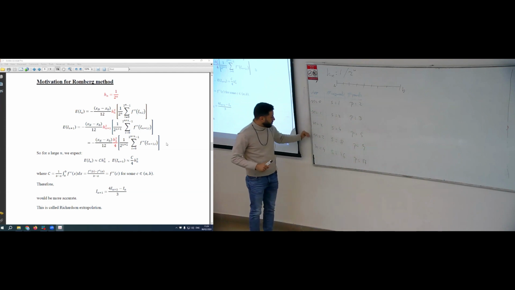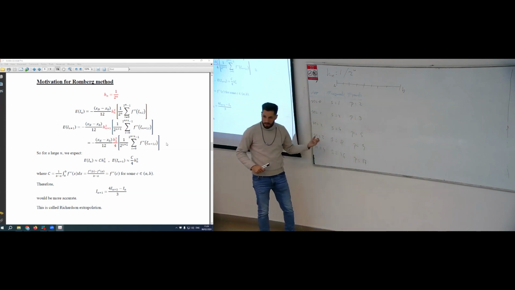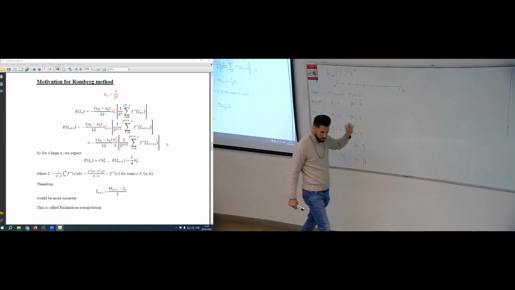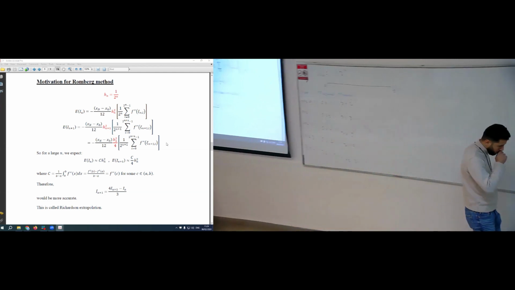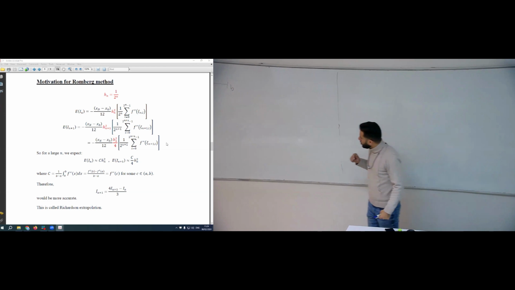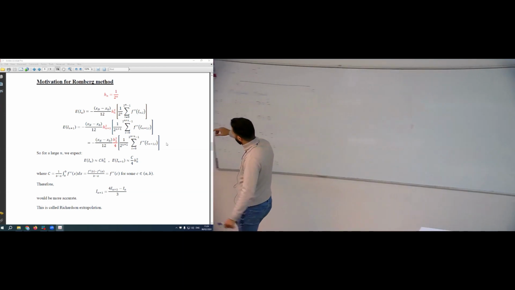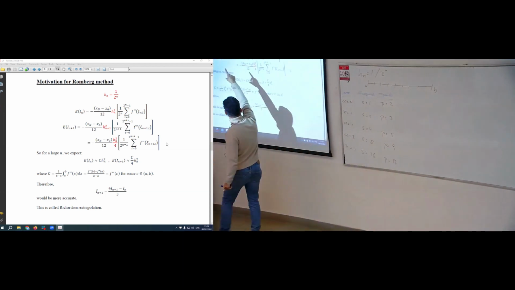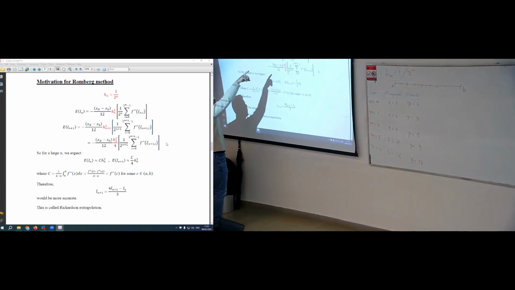At each step, the h is less than the previous one by a factor of 2. And I have an equation of the error. Okay, I have a formula. That's the formula of the error using any hn I want, including the hns here.